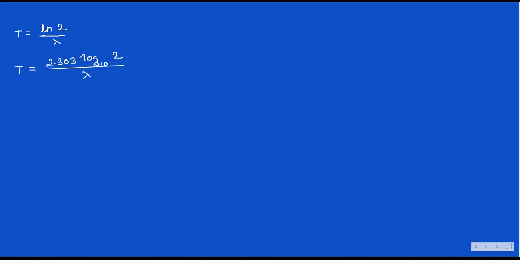And if you find this log, how much value are you getting? 0.693 divided by lambda. So this is the relation between half-life and decay constant. Half-life and decay constant. So first note down this part.